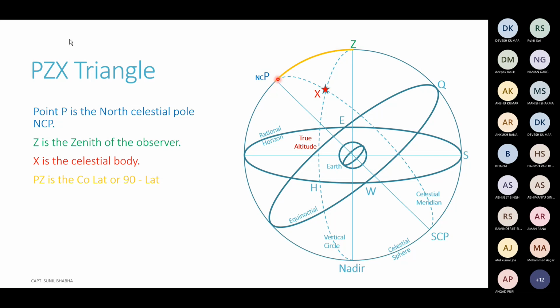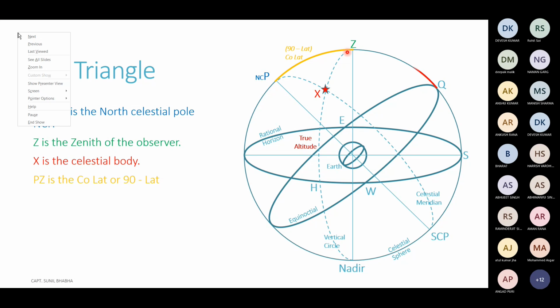You see the highlighted side PZ of the PZX triangle, and this is equal to 90 minus latitude, also known as colat. So the PZ side of the triangle is equal to 90 minus latitude, equal to colat of the observer.